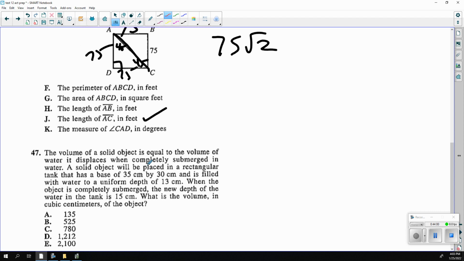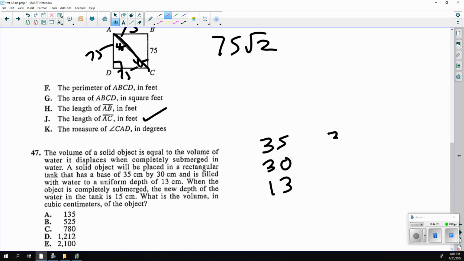The volume is what it displaces, so we're going to do 2 volumes. A solid object is 35 by 30, and the water is at 13. So when we submerge it, the water is 15.